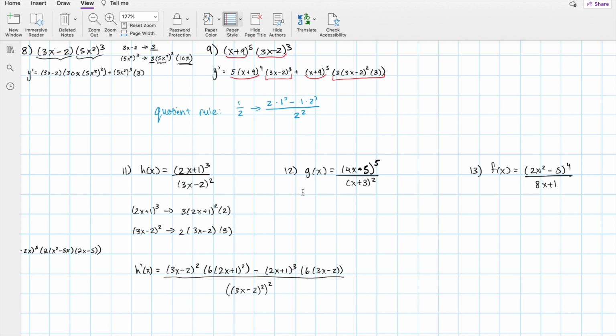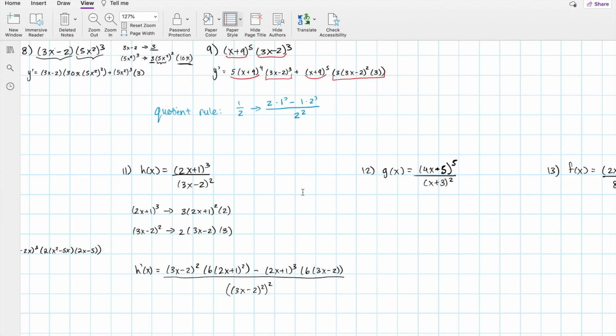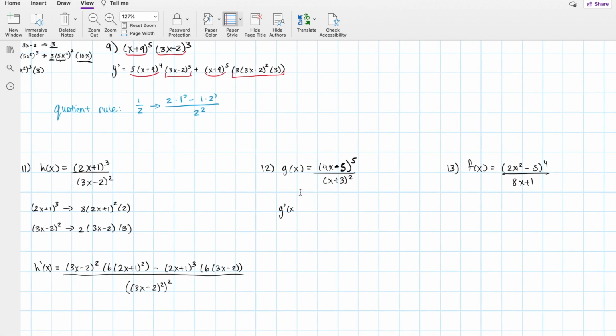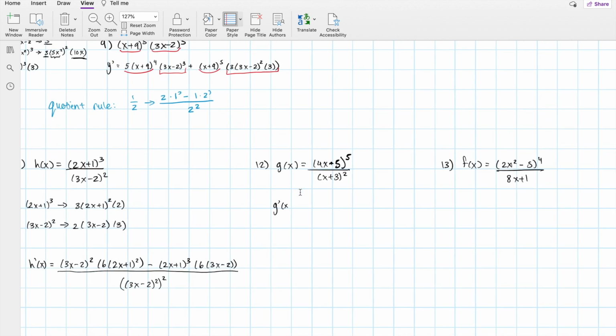Okay, number 12 and 13. Let's go, we're almost there. So g prime of x. We take the bottom denominator, and multiply by the derivative of the top.